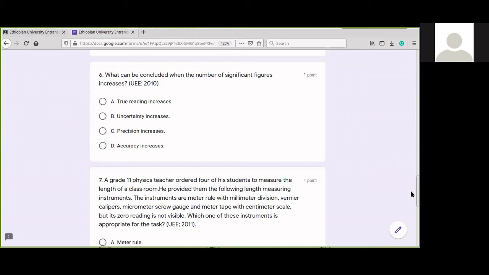If it is precise, we cannot say accurate, yes? Not always. If it is accurate, maybe we can say precise. So does the number of significant figures tell us accuracy or precision?